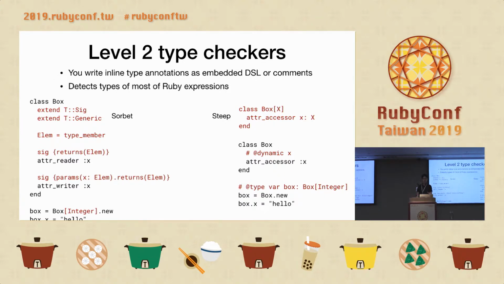The red lines are type annotations that Sorbet or Steep requires. Sorbet uses an embedded DSL as type annotations, so it's a usual Ruby method, extend. And the opposite, Steep requires type signatures, and the inline type annotations are given as comments.